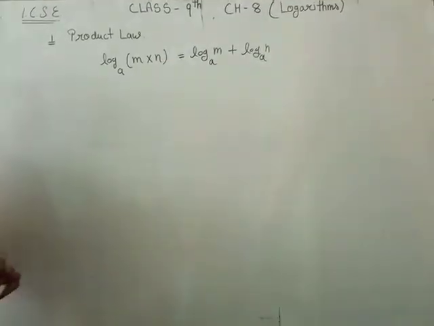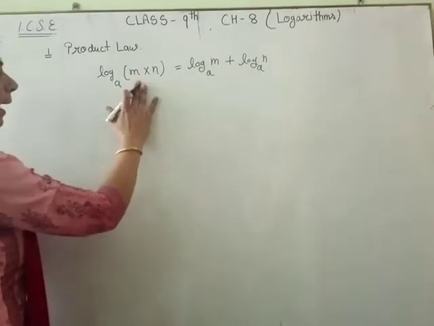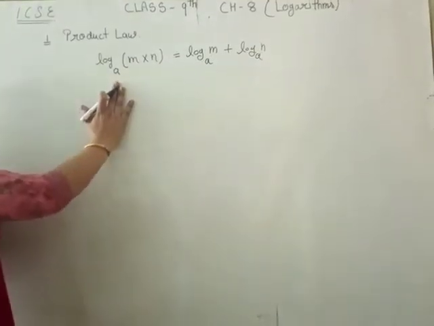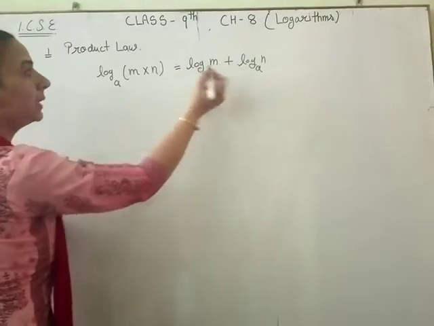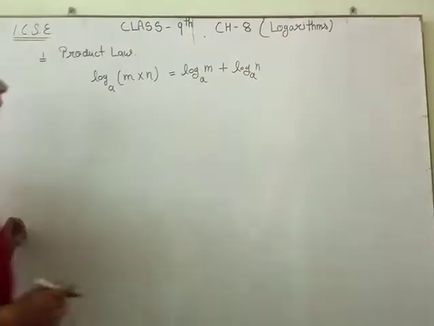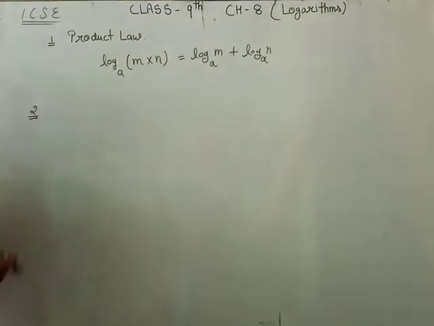This is our product law. Product law: log of m multiply n at the base a equal to log of m at the base a plus log of n at the base a. Okay, student. Second is quotient law.